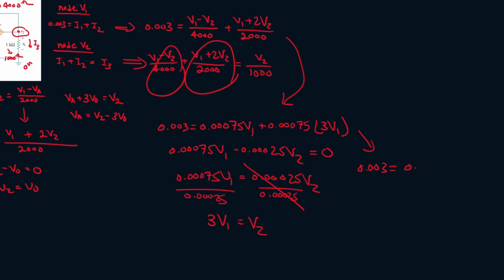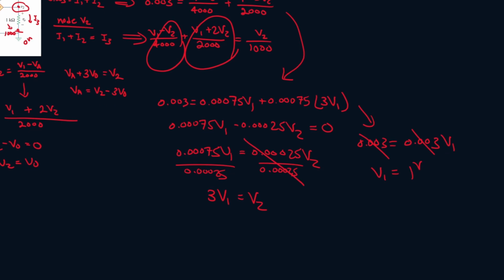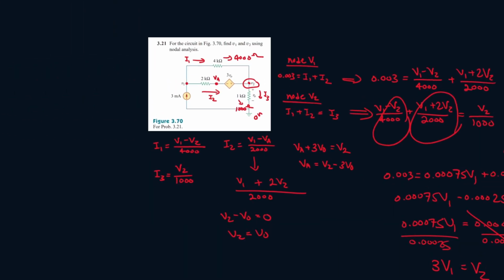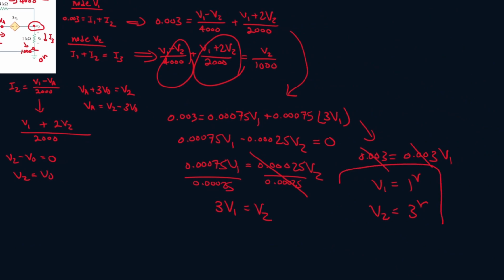That gives me 0.003 V1. This and this cancel out, so V1 is equal to 1 volt. And now we can see what V2 is equal to. V2 is equal to 3 volts. And yep, those are our final answers. So it's 1 volt and 3 volts.